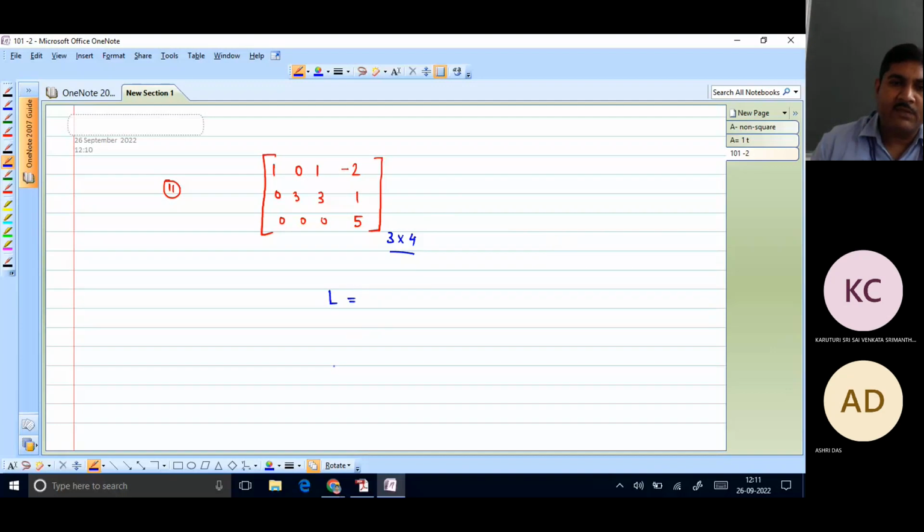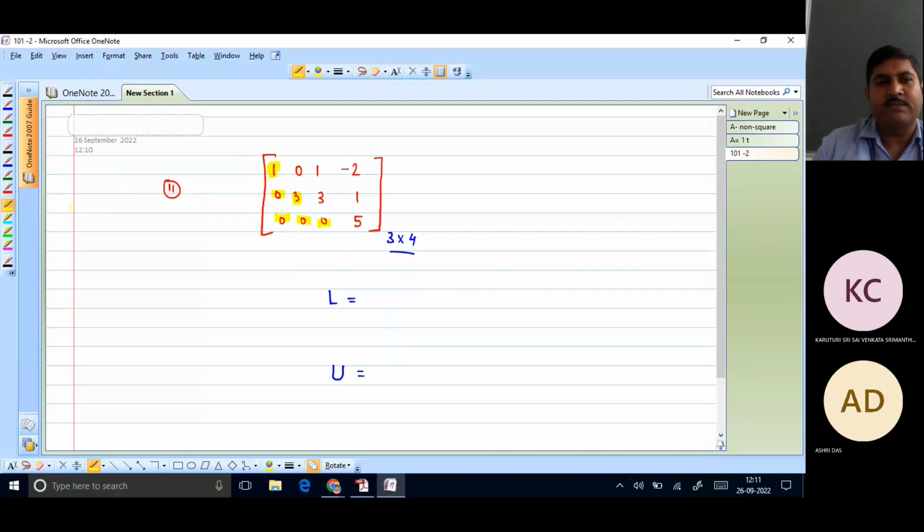And second, you have to find U, and U is a matrix in row echelon form. Okay, so what you can do here, if you look at your matrix, you can see here I have 1, remaining all 0. Here I have 3 below 0, and here I have 0.